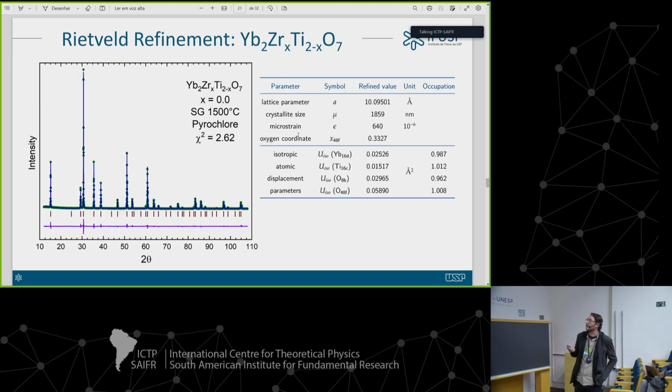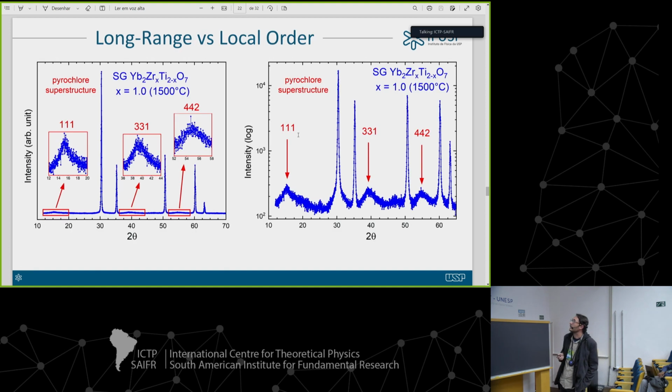So here's the Rietveld refinement of the X-ray diffraction for the pyrochlore sample. One interesting thing we notice is that even for the samples where the structure seems to be this disordered fluorite one, where the A and B sites are mixed, it's not a homogeneous structure.